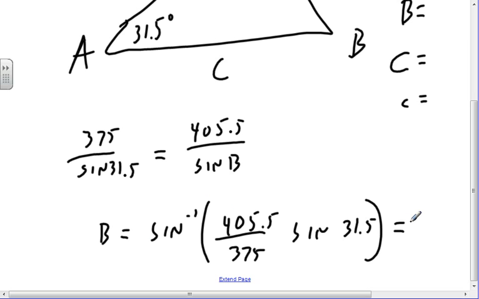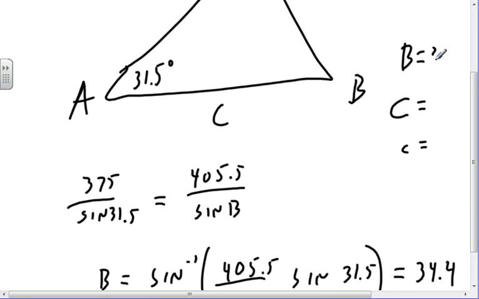Arc sine of 405.5 times sine 31.5 close parentheses divided by 375 equals 34.4 degrees.